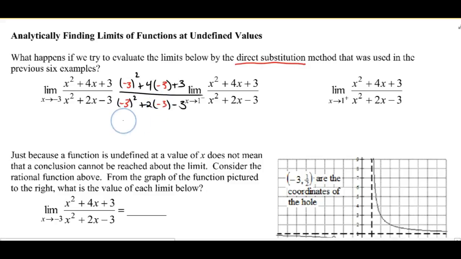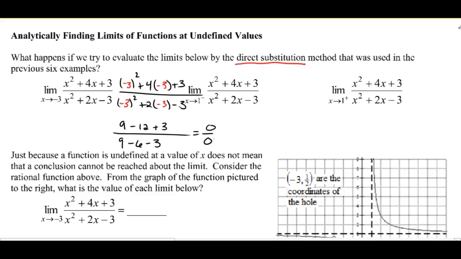When I evaluate this, I get 9 minus 12 plus 3 over 9 minus 6 minus 3. And what this gives me is 0 over 0.